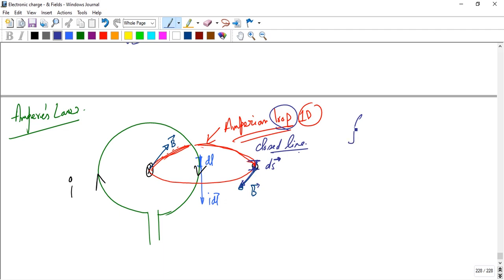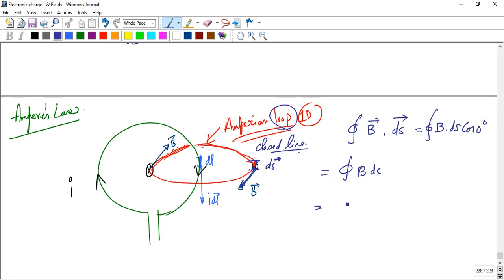So if I integrate the closed line integral of B dot ds, it is a dot product of vectors: B ds cos 0 degrees. Cos 0 is 1, so we get B ds.